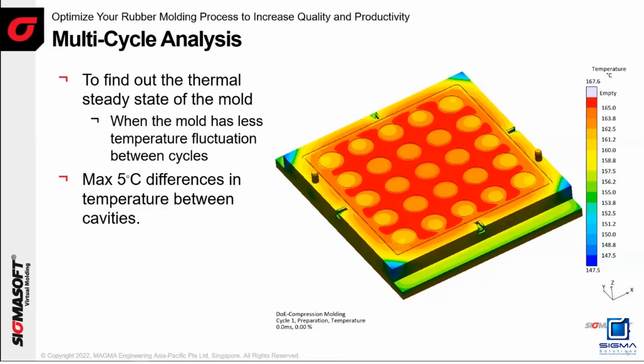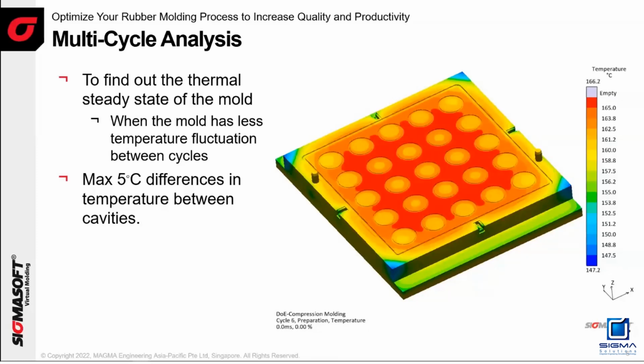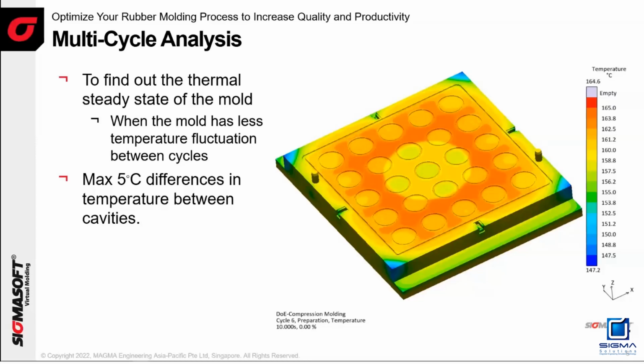That is the reason we use multi-cycle analysis, to find the thermal steady state of the mold. For this case, you can see we used a few cycles, and from cycle to cycle the difference is only 5 degrees Celsius. So it is quite stable after a few cycles.